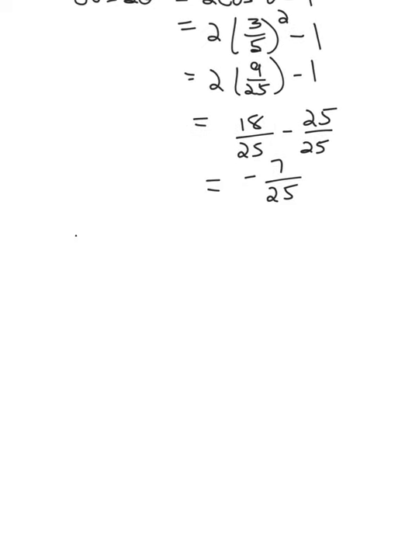Our last item is to do the tangent of 2 theta. The formula for tangent is 2 times the tangent of theta over 1 minus tangent squared of theta.